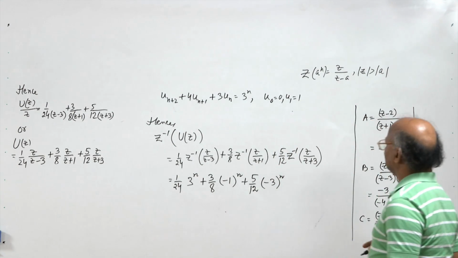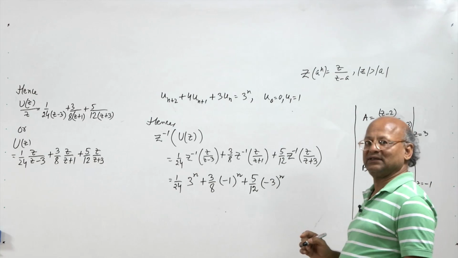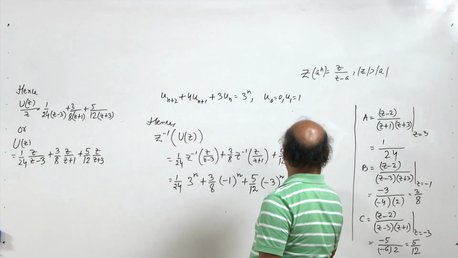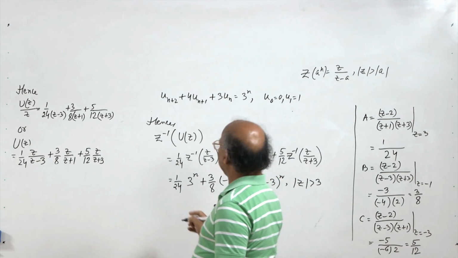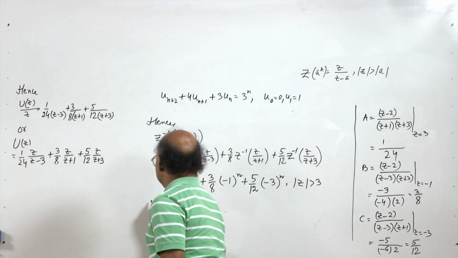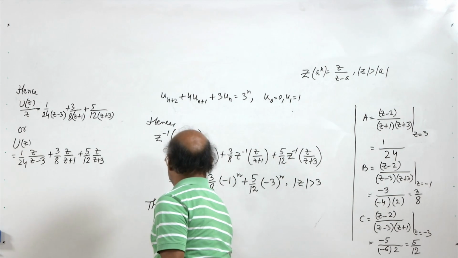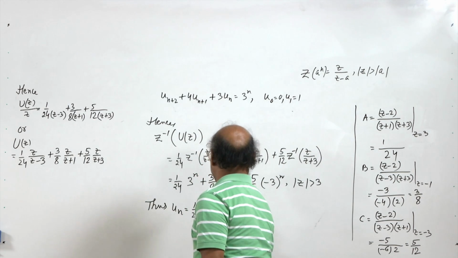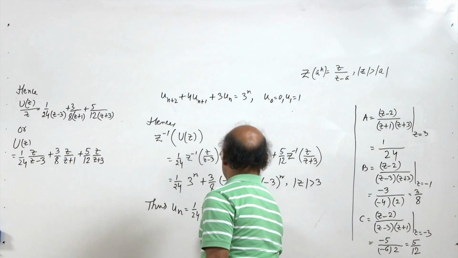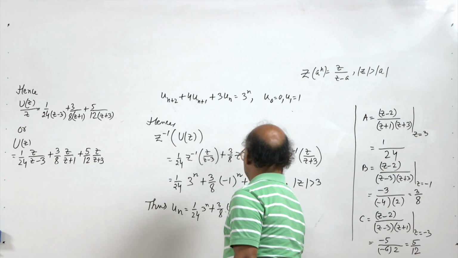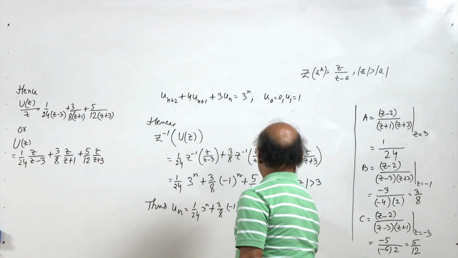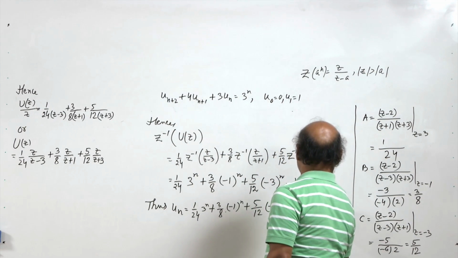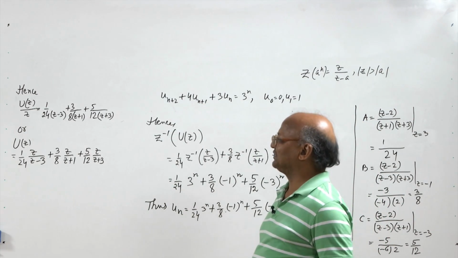So, here a is minus 3, and therefore, mod of z is greater than 3. So, the common region is mod of z greater than 3, and Z inverse of U(z) is u n. Okay. So, thus u n is 1 by 24 3 to the power n plus 3 by 8 minus 1 to the power n plus 5 by 12 minus 3 to the power n, where mod of z is greater than 3. So, this is the answer to this difference equation.